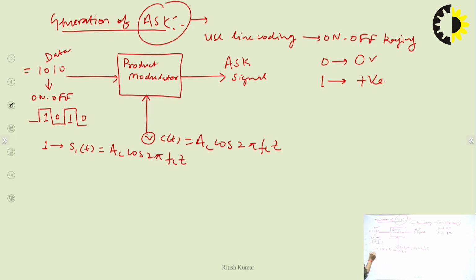While in the case of 0, it gives a value of 0, because we are taking the product of 1 with this carrier signal and 0 with this carrier signal. So the carrier signal is present at the output of the ASK signal for a 1, while for a 0 there is no signal.